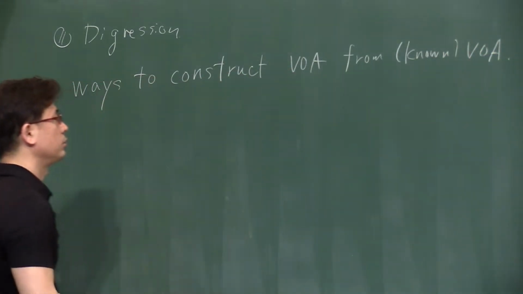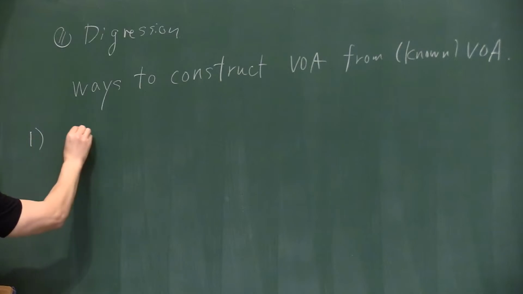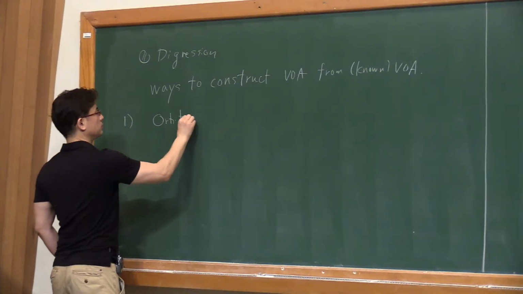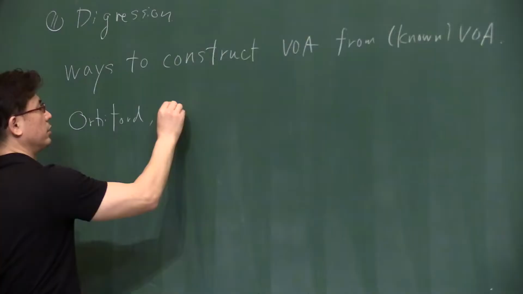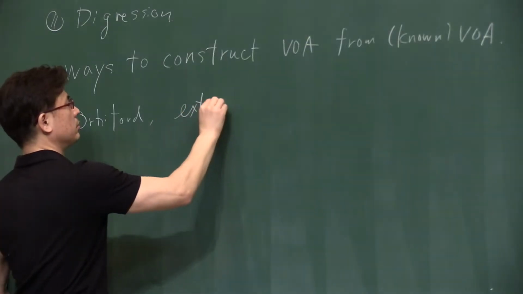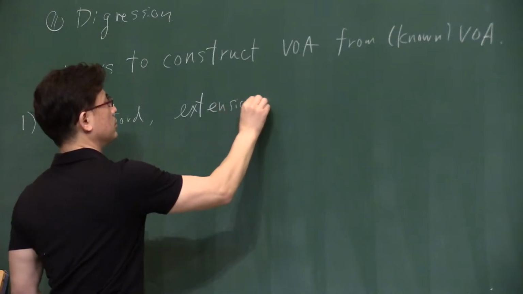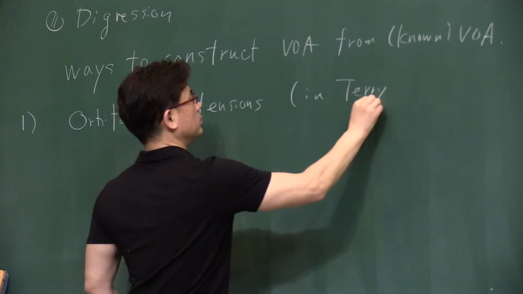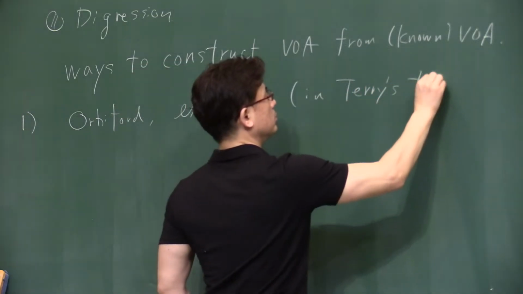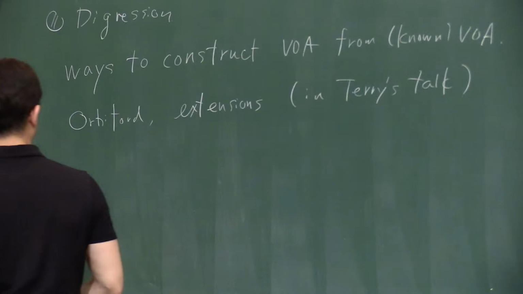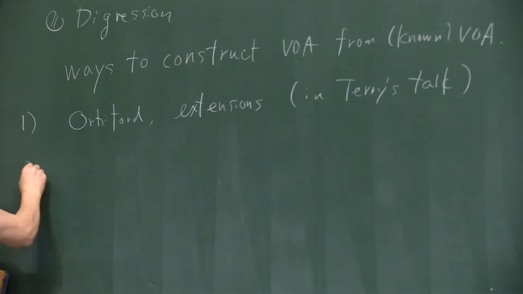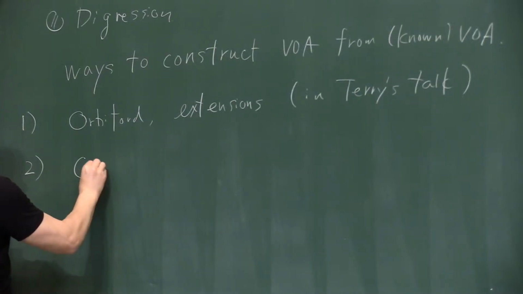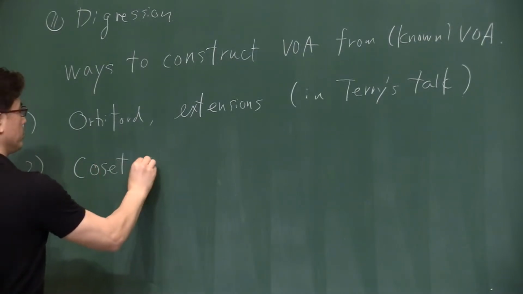So Terry talked about taking orbifolds and extensions. So this is in Terry's talk. And there's also a construction called the coset construction.